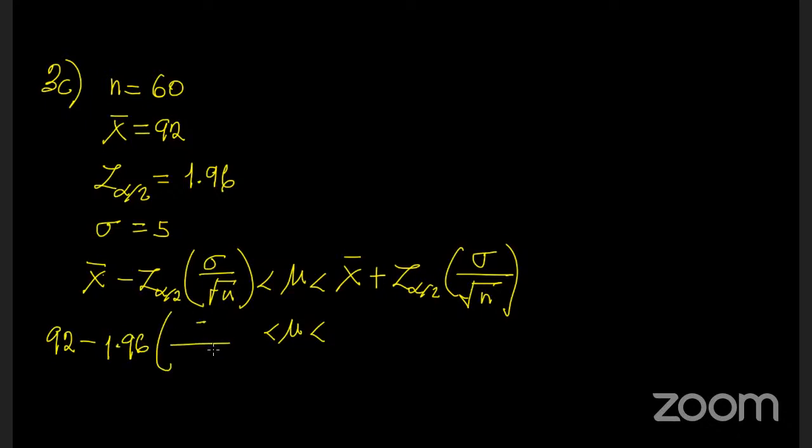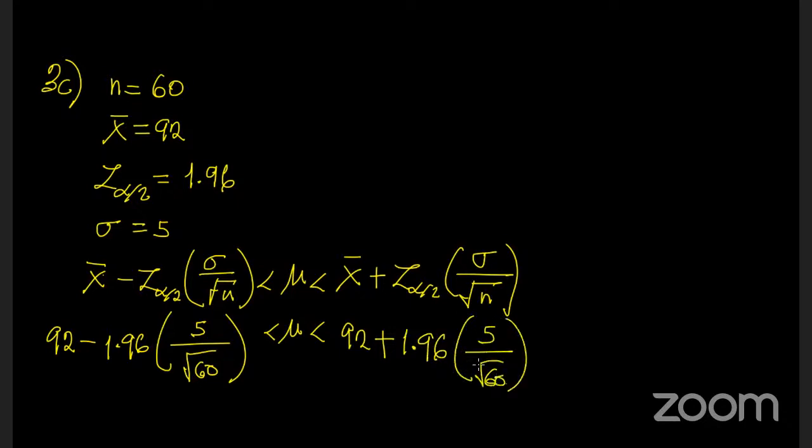The standard deviation still remains 5, all over the square root of 60. Then to the right it's still 92 plus 1.96 times 5 all over the square root of 60.